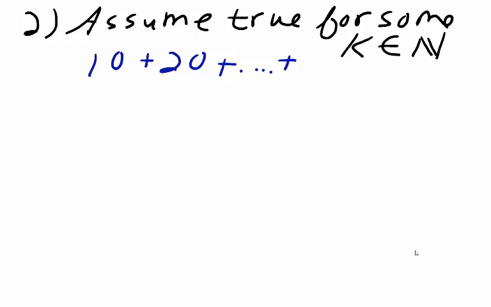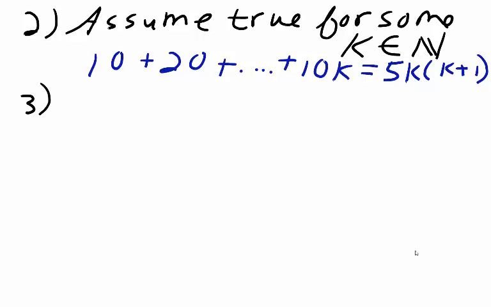So we write our little dots or ellipses, and then plus 10k, replacing n with k, equal to 5k times k plus 1. So in this step, we're simply assuming that the statement is true for some k when we replace n with k, where n and k are both elements of the natural numbers.